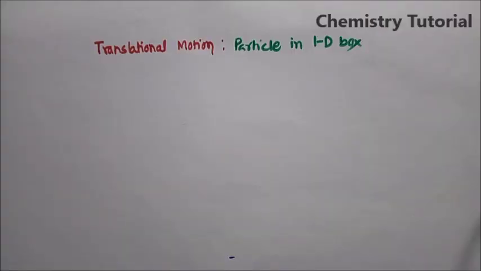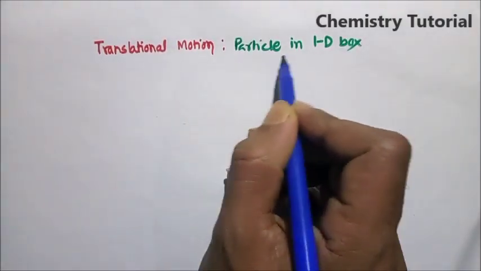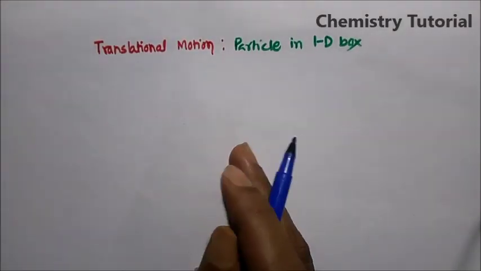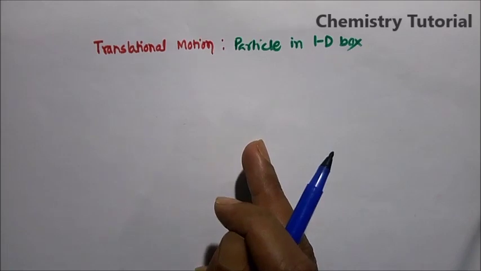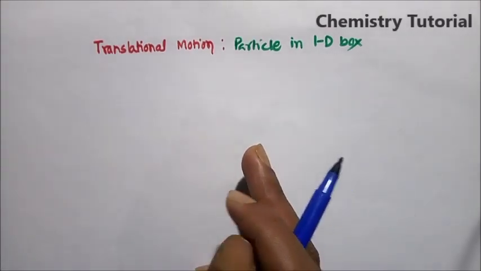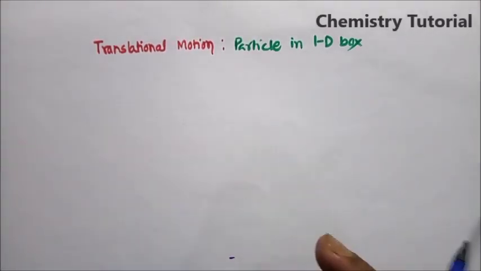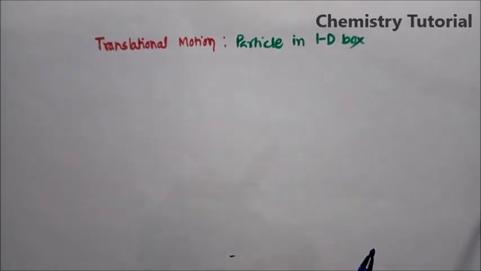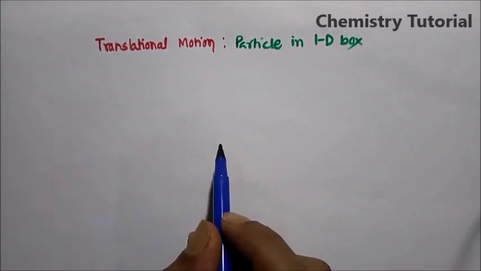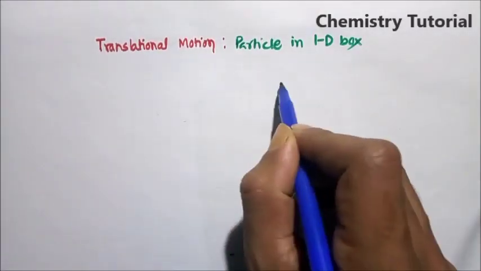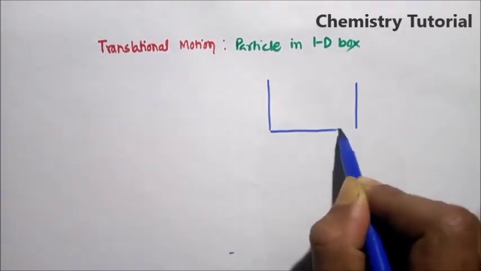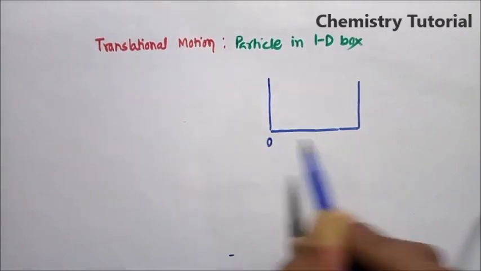So in translational motion, we are going to discuss the free motion, that is, the translational motion of a free particle. In order to describe that, we consider a one-dimensional box with dimension a.